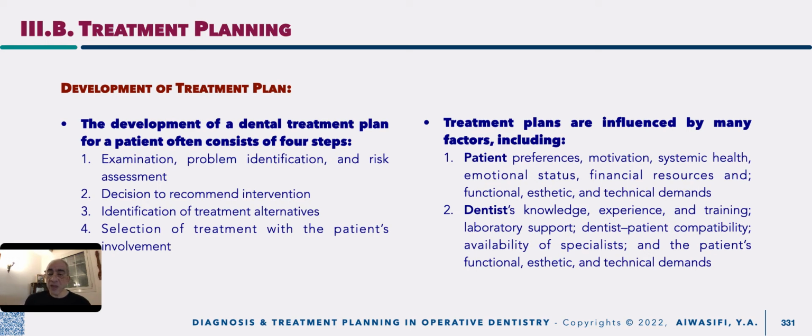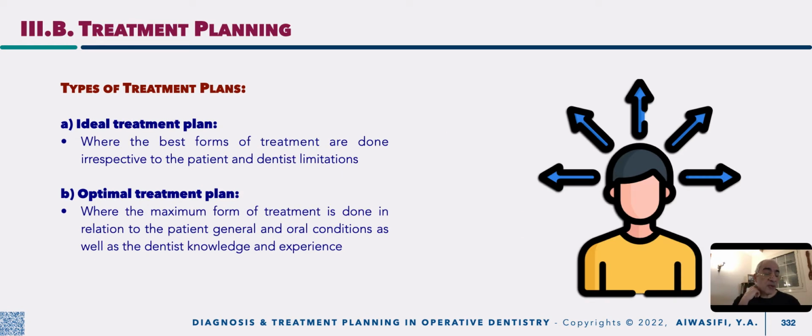Then, treatment planning. We have two types of treatment plan: the ideal treatment plan and the optimal treatment plan. In the ideal treatment plan, the best ideal treatment is performed, irrespective of the patient and dentist limitations. This is not truly applicable except for dental colleges or educational hospitals, because you have an operator, who may be a postgraduate or undergraduate student who would like to practice all the best treatment regardless of his skill.